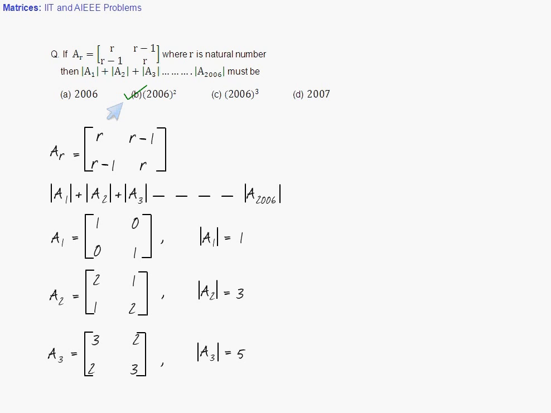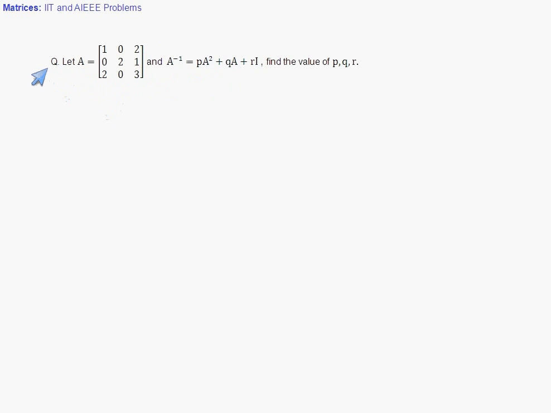The next question that I am discussing is based on the characteristic equation and is similar to the question that came in IIT, that a matrix was given and we had calculated about 4-5 sessions back the value of C and D. Let us look at this question.